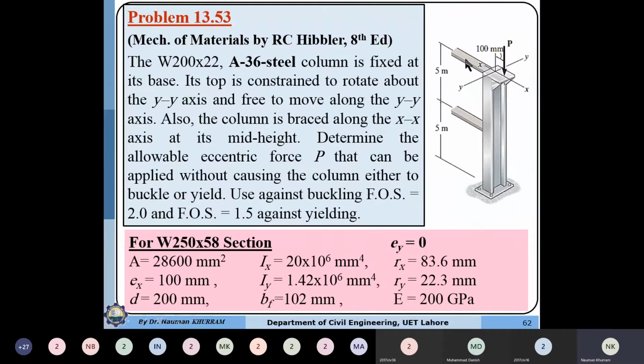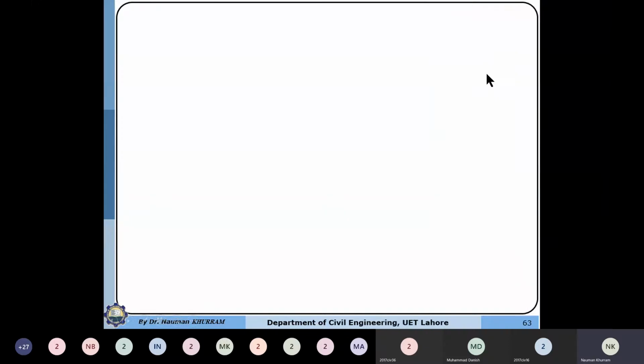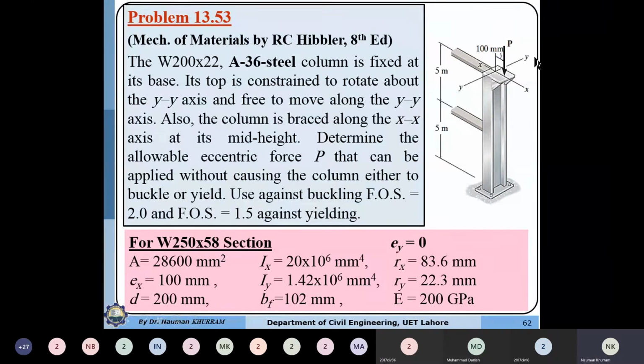So constrained about y means along x. So bracing is provided along the x direction. If bracing is provided along the x direction, it will control the bending about the y direction.